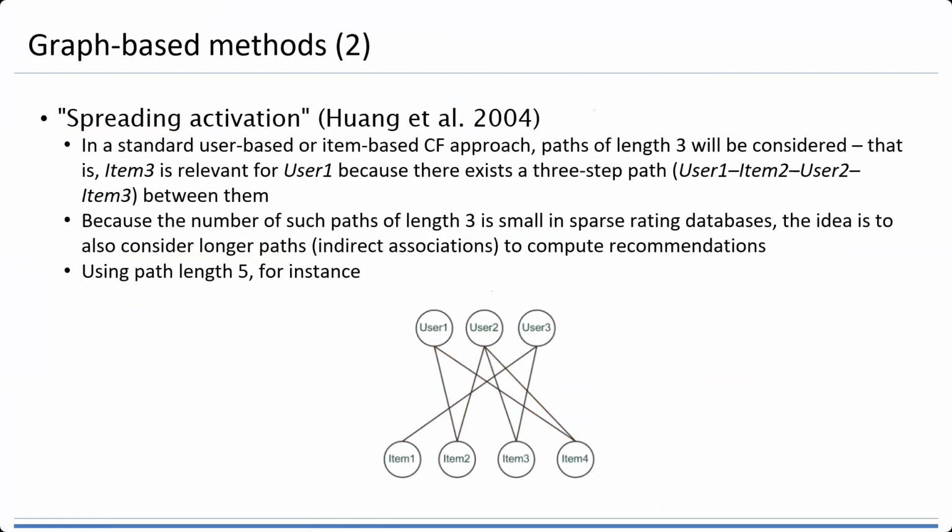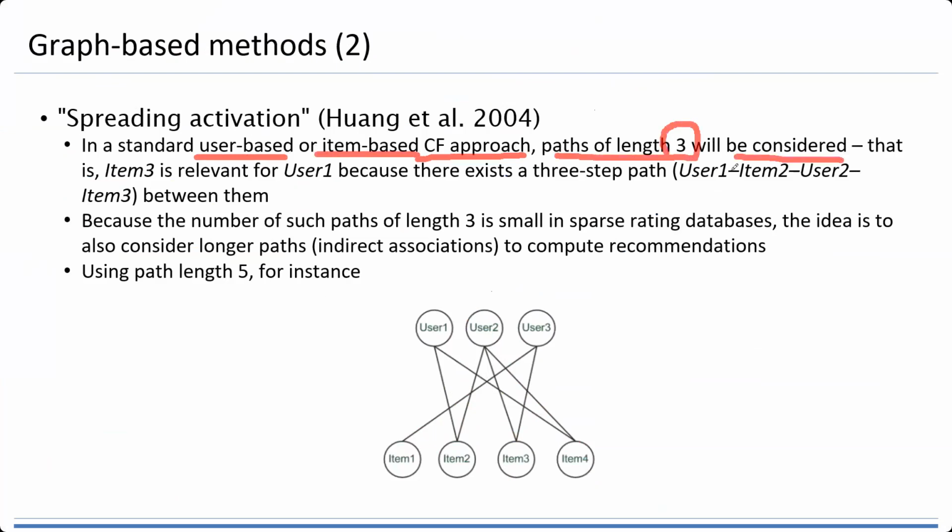In the standard CF approach, okay, today you learned about the user base, which is about the user. Or we also can look at the item, or the column. So in the standard user base or item base, the path of length 3 will be considered.